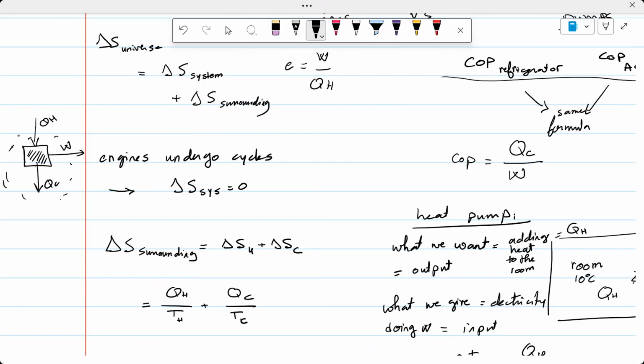Now, if this was not an ideal engine, then you would also have to account for some friction loss and heat loss and diffusion of heat to the outside, similar to a cup of coffee that is cooling down and its heat is all going to the surrounding. But I have a Carnot engine, which is an ideal engine, and the only exchange is from QC and QH. Nothing else is being exchanged with the surrounding. So the surrounding will be essentially only what I added as QH and what I removed as QC.